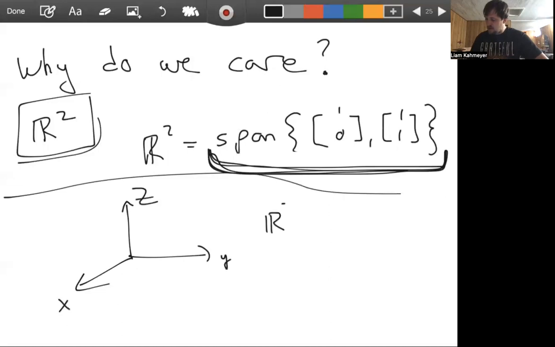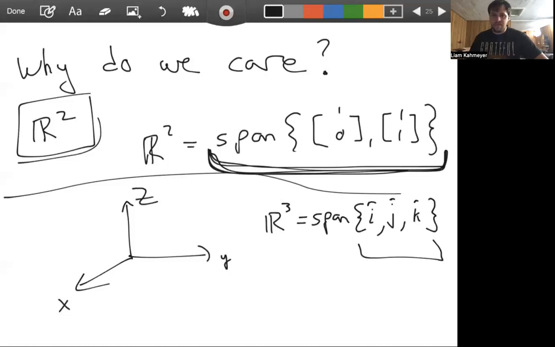We understand R3 most intuitively as being the span of i hat, j hat, k hat, right? Which is an orthonormal basis for R3. And so this is why we care to do this. Okay.